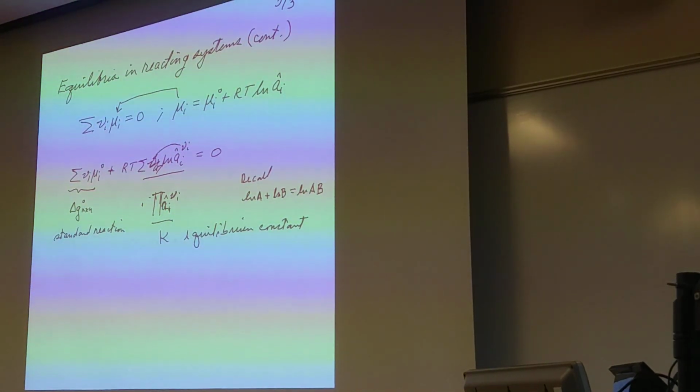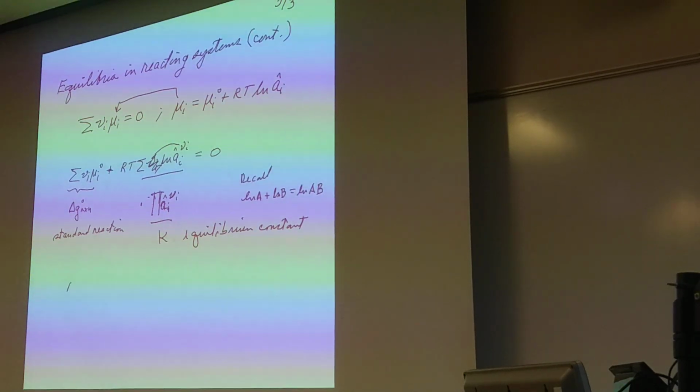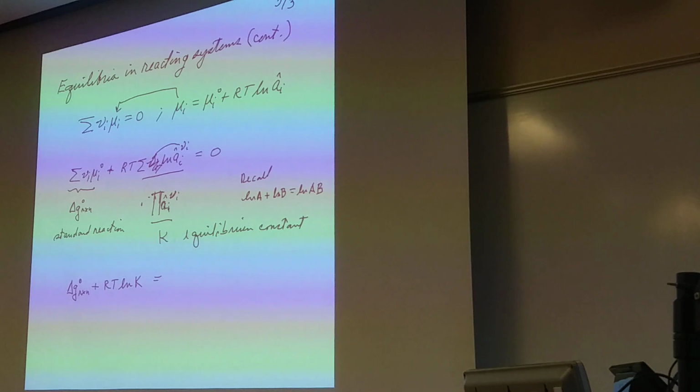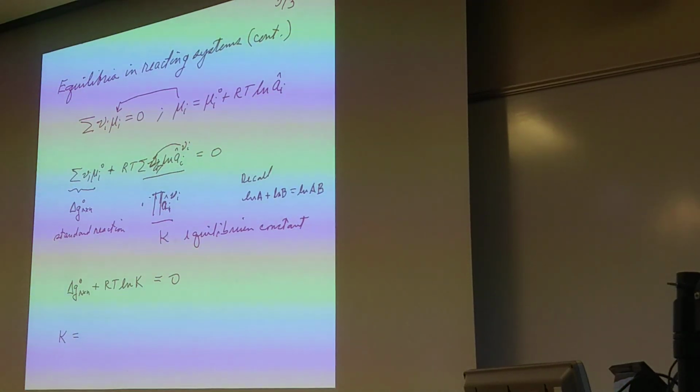So let's write this whole thing as we've got it now. What I've got is delta G for the standard reaction plus RT log K equal to 0. So if I rearrange this, then I can write it out explicitly for the equilibrium constant, which is what we're going to be interested in, especially here, which is, as I've just defined it, this continued product of the activities raised to their stoichiometric coefficient powers.